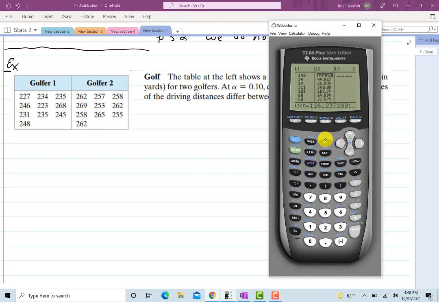And as usual, delete until you get rid of all the data that's there, or refer to an earlier video just to clear out the L1 and L2 real fast. But I think this is the most convenient way. And let me go ahead and start putting in my data.